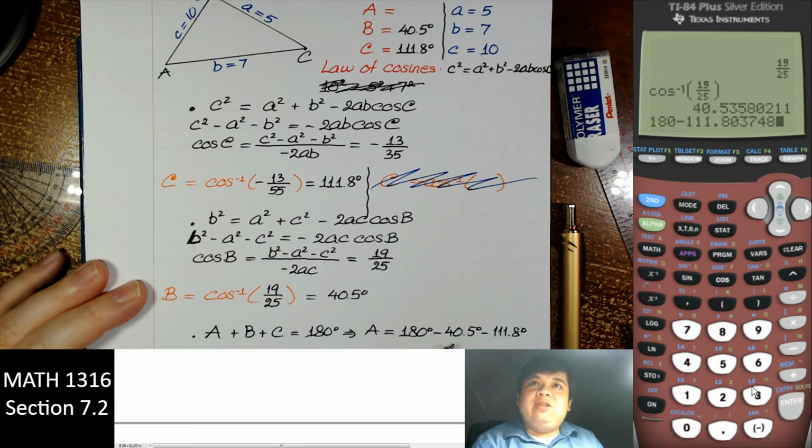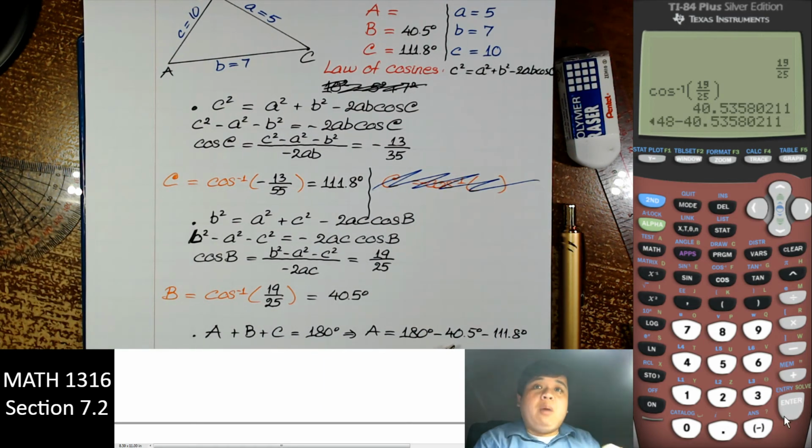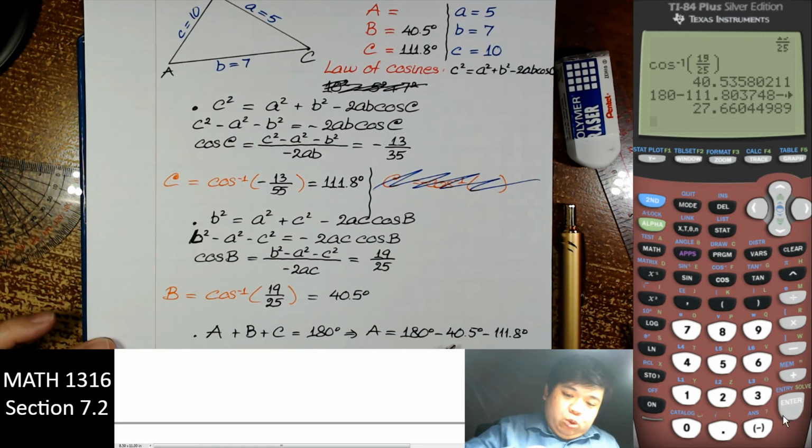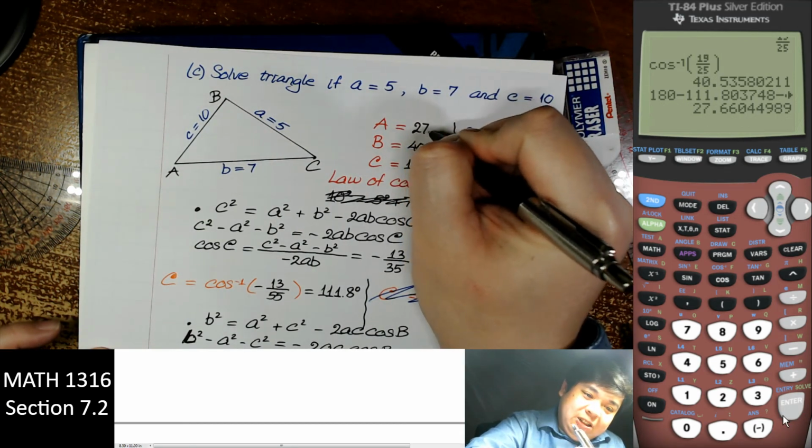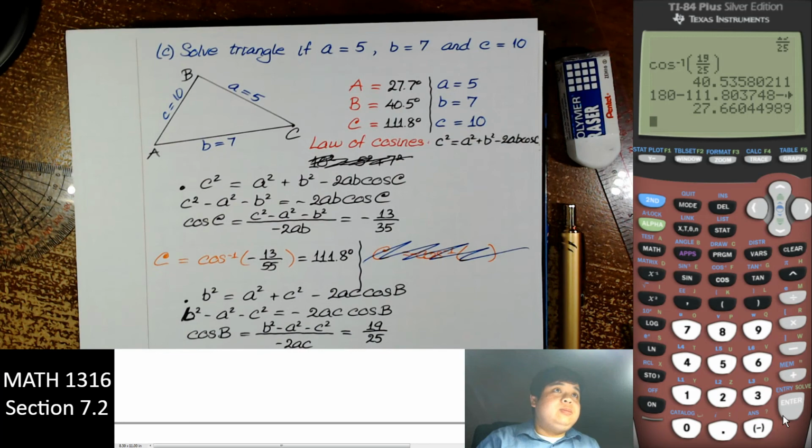That's the first angle, and then subtract. When I highlight the number, just go up and highlight the number, hit enter, and we'll copy and paste. 27.66, not 27.7.